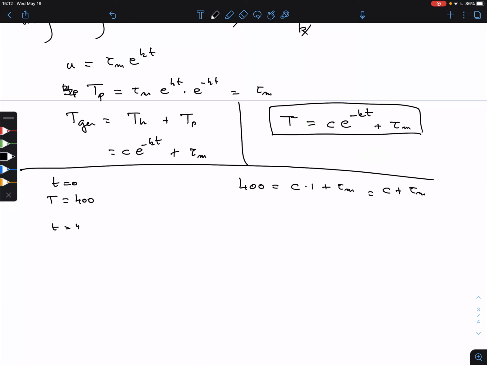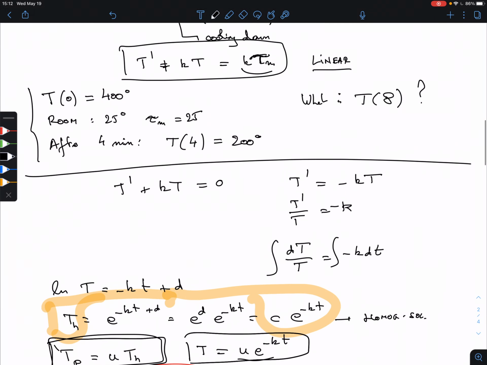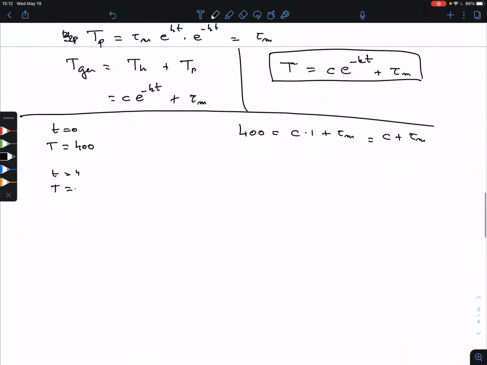At t equals 4, we measured the temperature of the object, of that ceramic insulator, and it was 200. So that's 200. So if t is 4, now we have C e^(-4k) plus tau m.